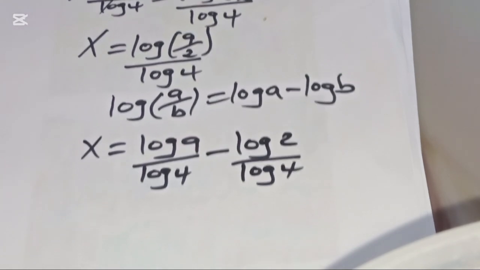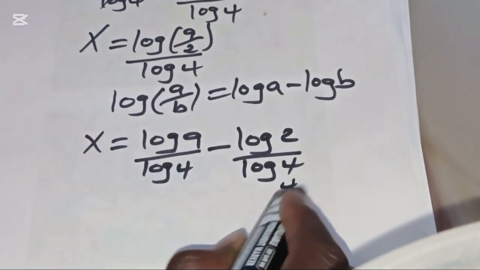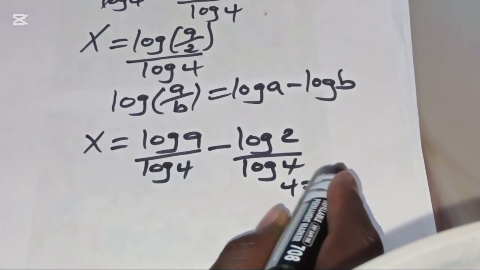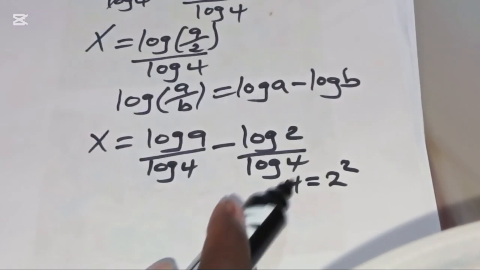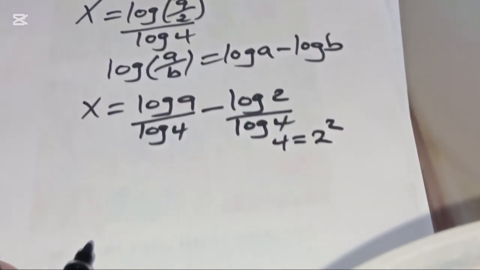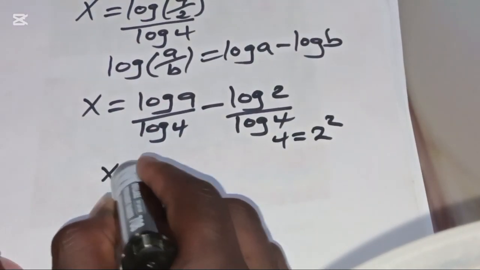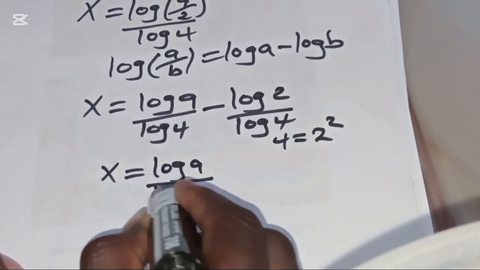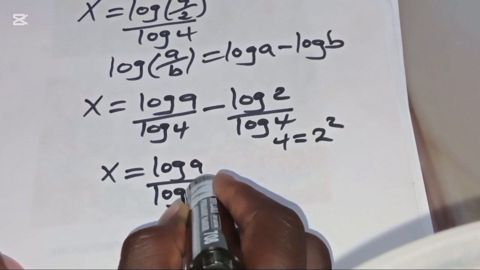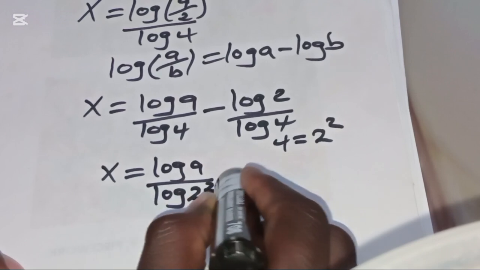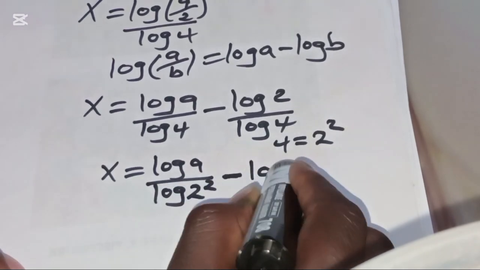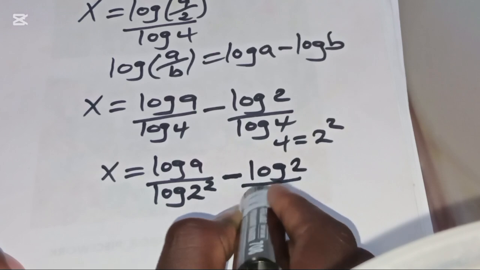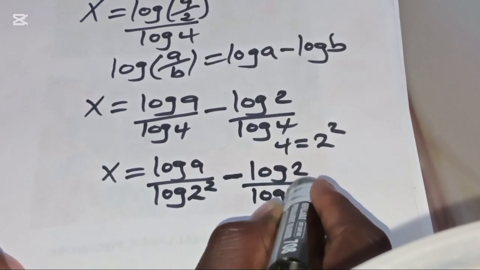Now from here, we can express 4 as 2 to power 2. Applying this, we'll have x equal to log 9 divided by log 2 to power 2 subtract log 2 divided by log 2 to power 2.